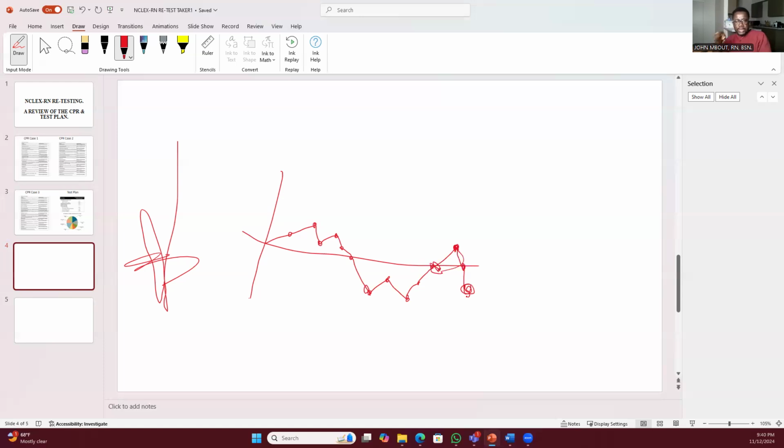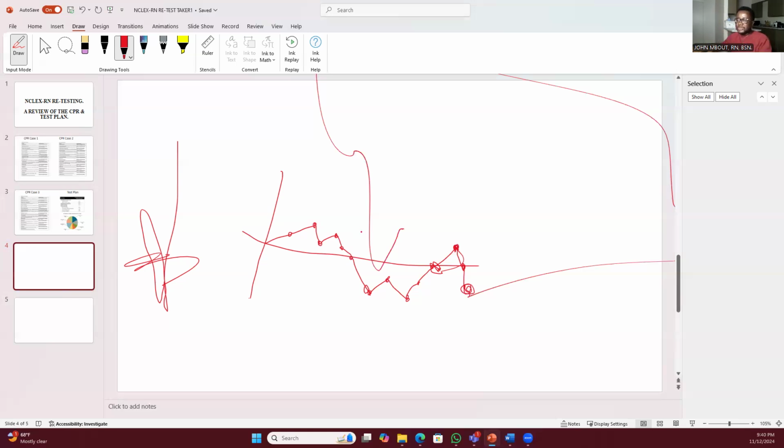This takes me to a video I want to make and why passing your first 3, 4, 5 questions is very, very important. It takes your graph above passing standard. It means your graph is above the passing standard.